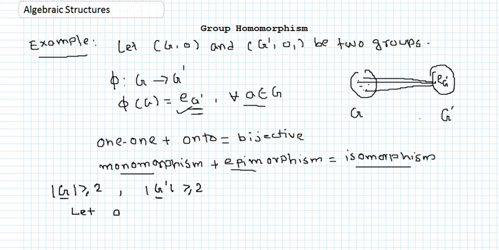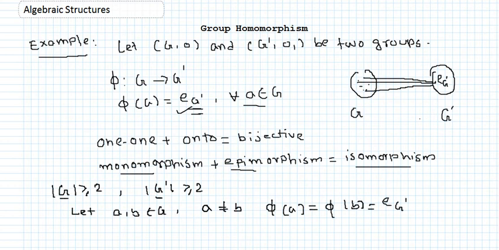Then we have two different elements A, B of G, but phi of A equals phi of B, which is the identity element of G'. So for two elements of G we get the same value, so phi is not one to one. So phi is not a monomorphism. Phi is a homomorphism, but it is not a monomorphism.